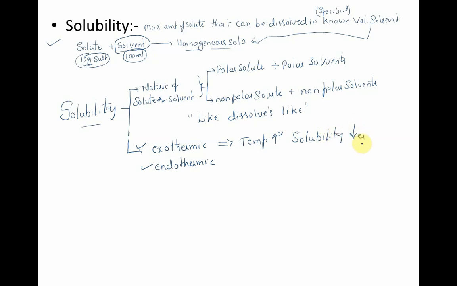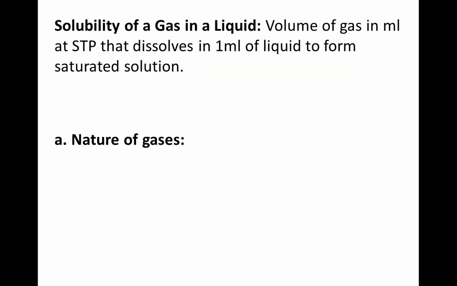In case of exothermic reactions, if temperature increases, solubility decreases. In case of an endothermic process of solubility, with increase in temperature, solubility also increases, and this follows Le Chatelier's principle. So what is the meaning of solubility? Finally, maximum amount of solute that can be dissolved in a specified amount of solvent is called solubility. Okay, we will move further.